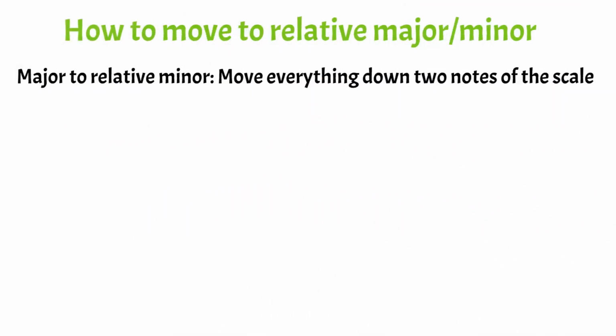So, how can you take a piece that's in major and turn it to relative minor? Well, quite simply, you drag the whole piece 2 notes down as such.